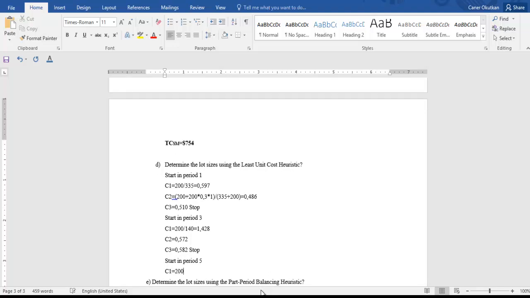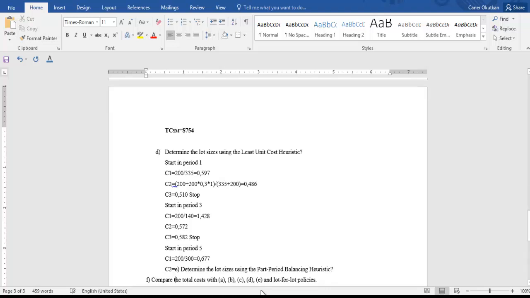So cost 1, 200 divided by 300 equals 0.67, and second cost 0.52. 0.652.